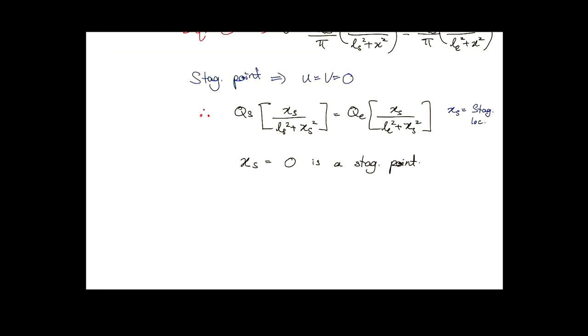So xs equals 0 is one stagnation point, right?